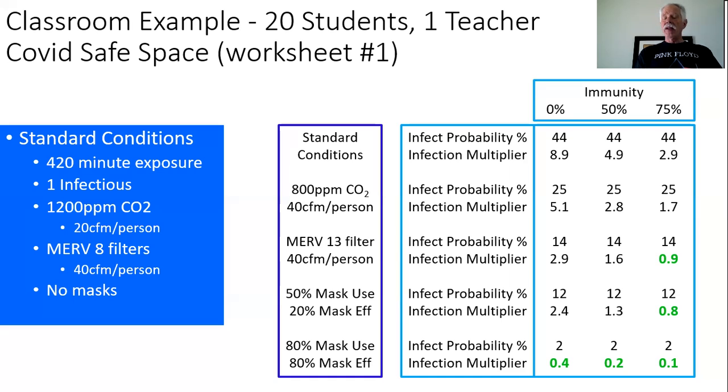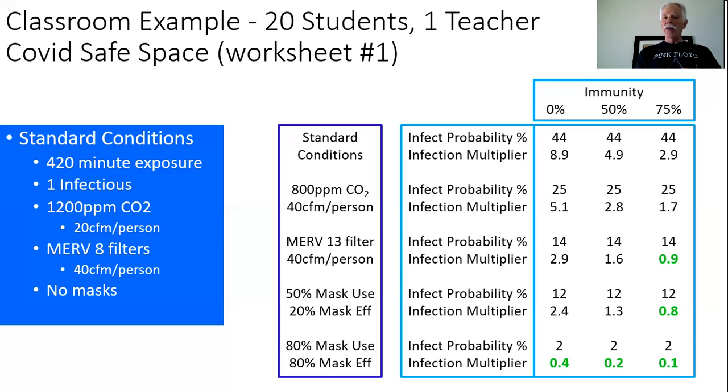That gives us some improvement, even with today's leaky cloth mask. But when we start getting more serious and have a larger fraction, say 80%, with more efficient mask filtration efficiencies, then we really knock this down.